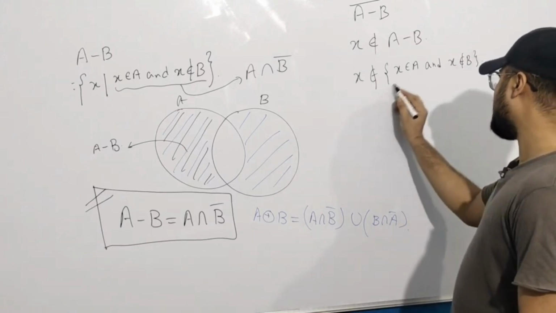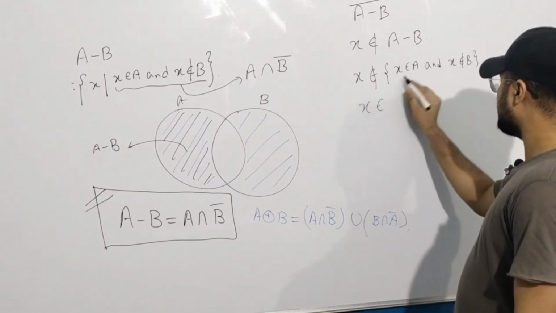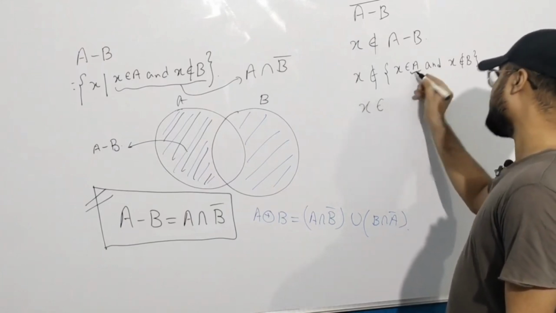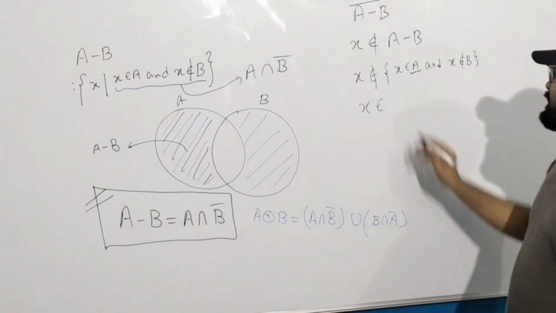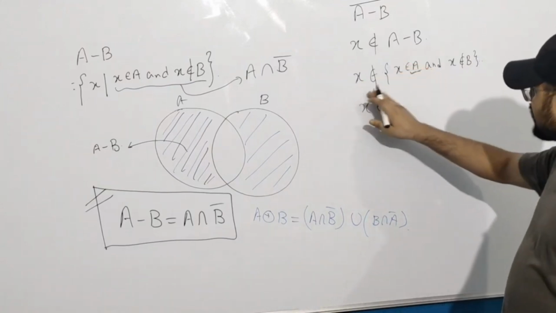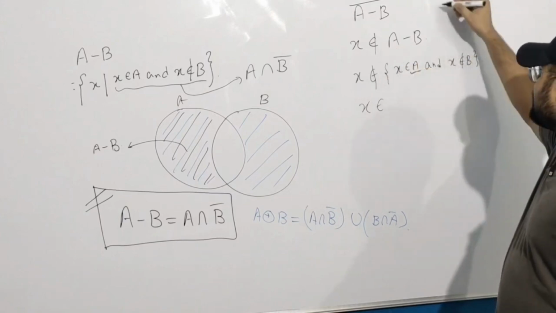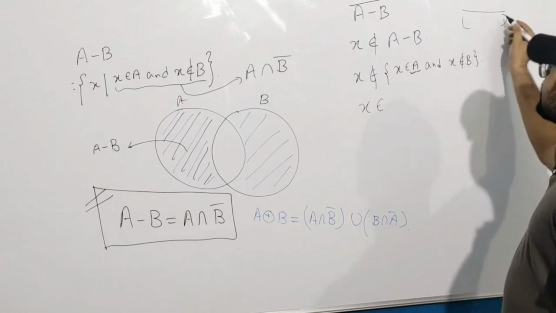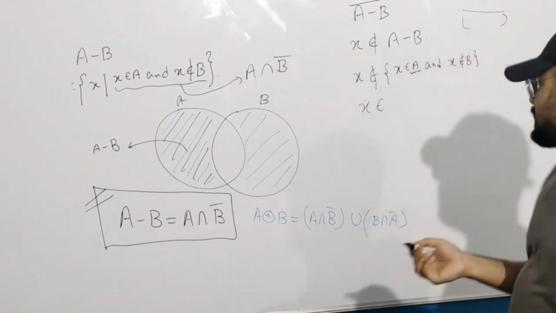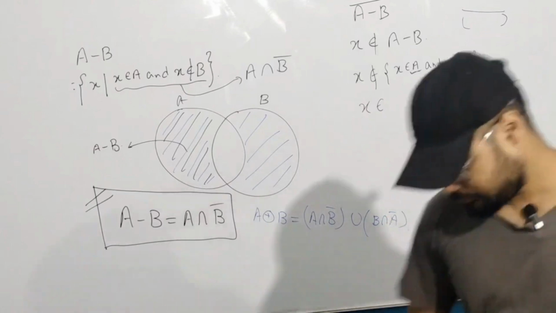So what I would do is, X belongs to means A, so we will take the complement of A. Look at this. You are performing X does not belong to this set. So in a way you are doing a complement on some operation. So here we will apply De Morgan's law.